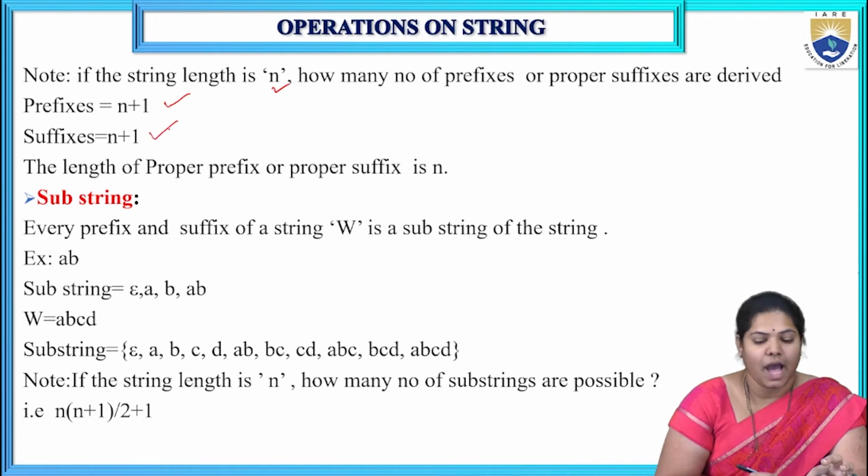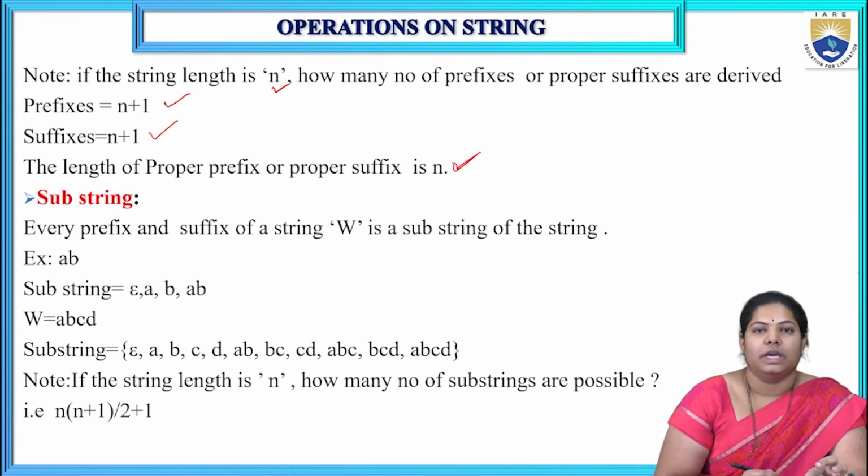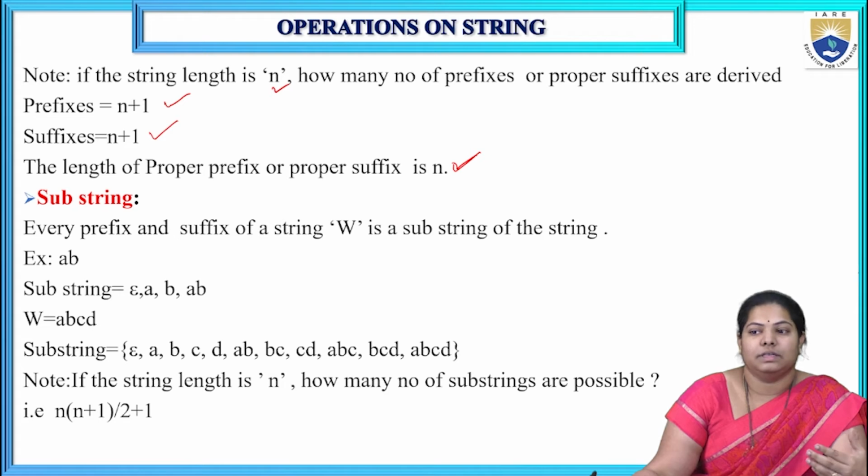The number of proper prefixes derived from a string of length n is n, and the number of proper suffixes is again n. By using this formula, for a string of any length we can find the number of prefixes or suffixes.